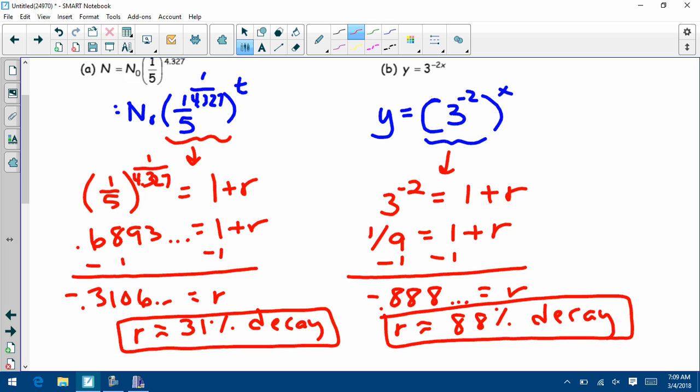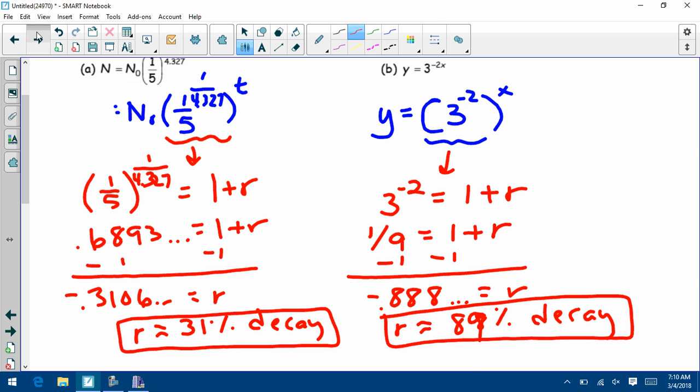Just kidding, that's an 89% decay rate. Thanks for noticing that. Okay, so those are some of the trickiest questions that could be on the test tomorrow, so hopefully that'll give you some frame of reference.